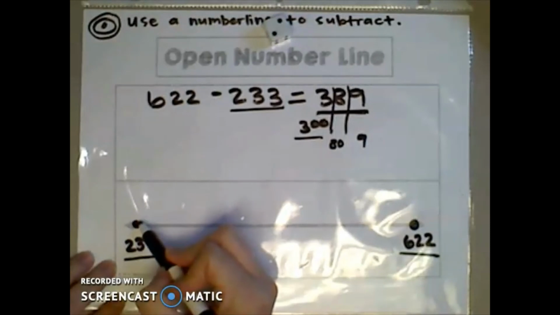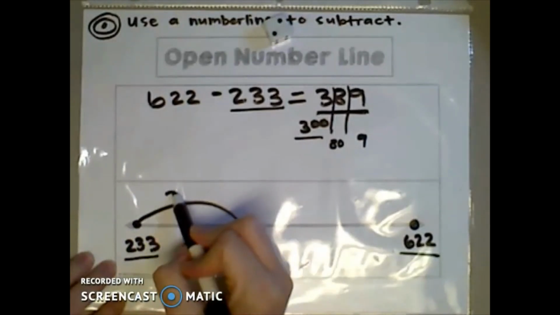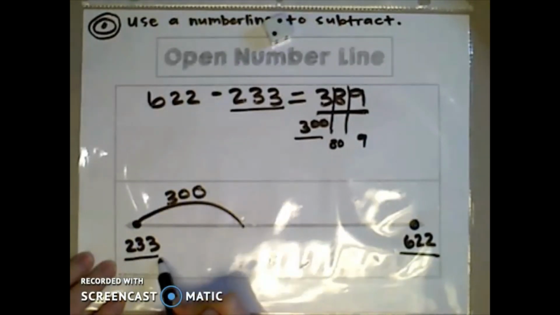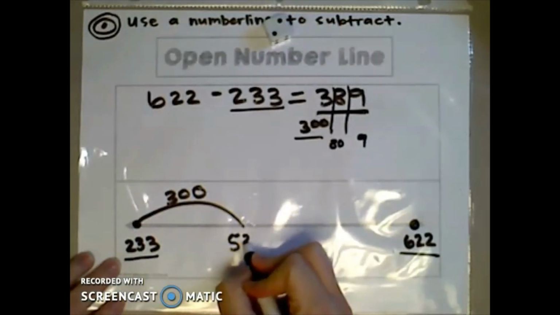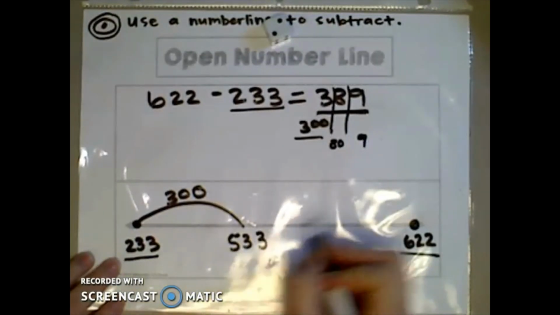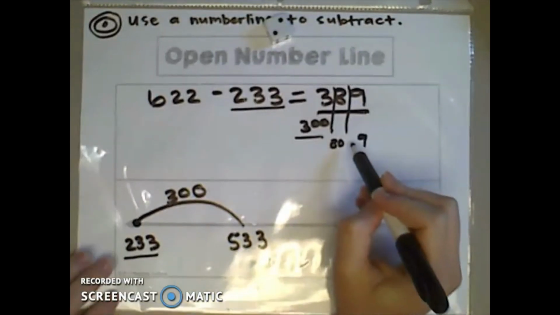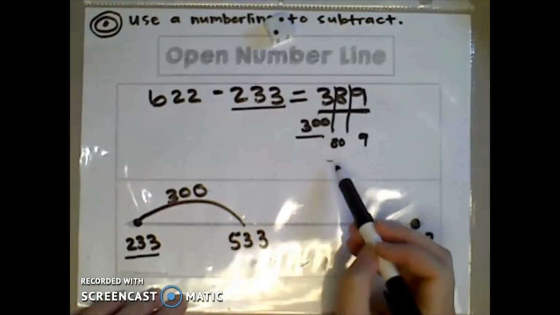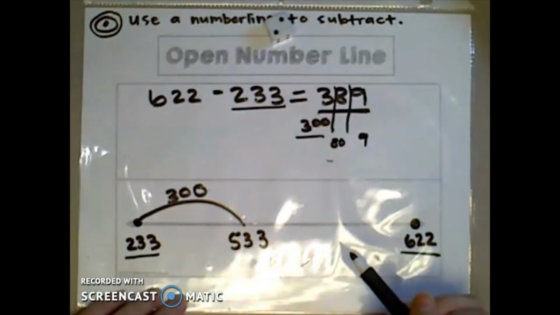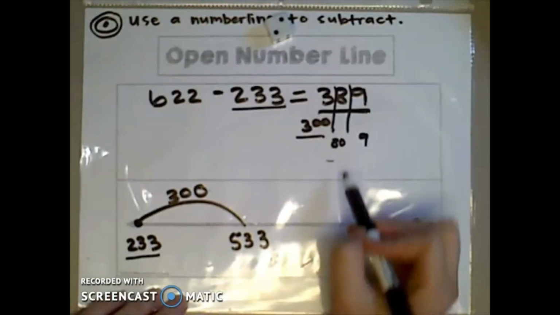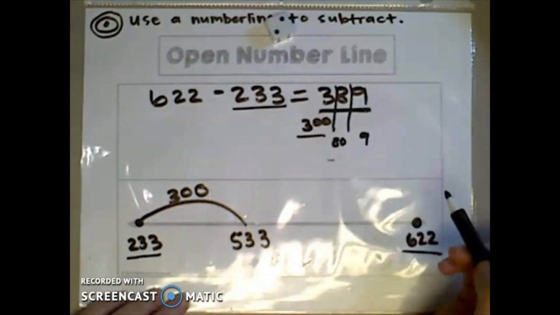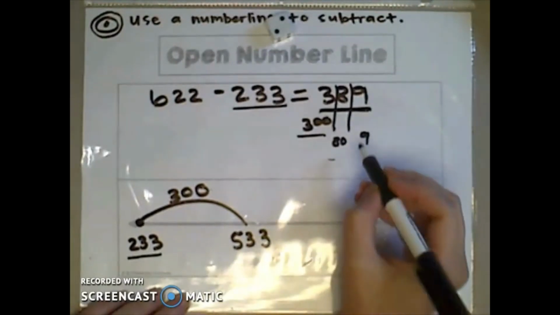First we're going to start with that 300. Let's hop up. 300 from 233 would be 533. And then we're going to hop up 80. Again, remember, you can break apart that 80 if you need to. I'm going to choose to break apart the 80 into a little bit of an easier number.